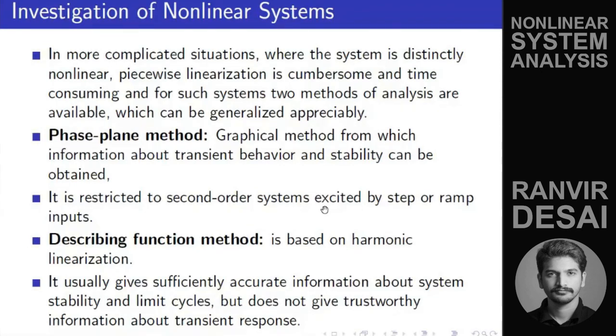So this is kind of BIBO stability: you give a bounded input and you see whether it gives a bounded output or not. You also need a set of test signals for which it will give stable and unstable responses, and from that you can determine the region of stability.